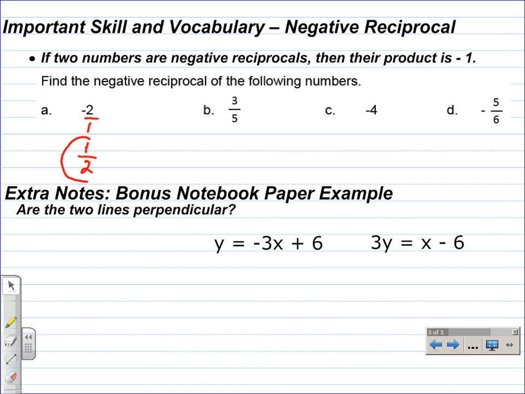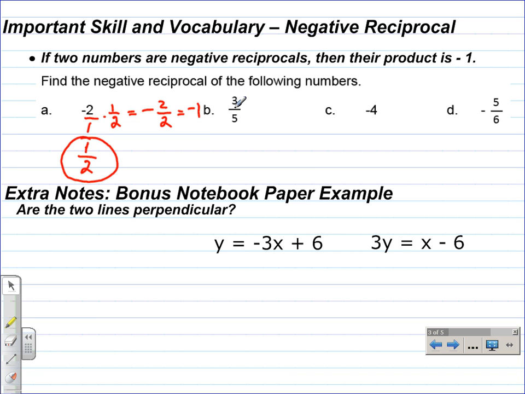So the negative reciprocal here is 1/2. We can show that they're negative reciprocals by multiplying if we want. If they're negative reciprocals, they're going to give us a product of -1. A negative times a positive is a negative. 2 times 1 is 2, and 1 times 2 is 2, and that does simplify to -1.